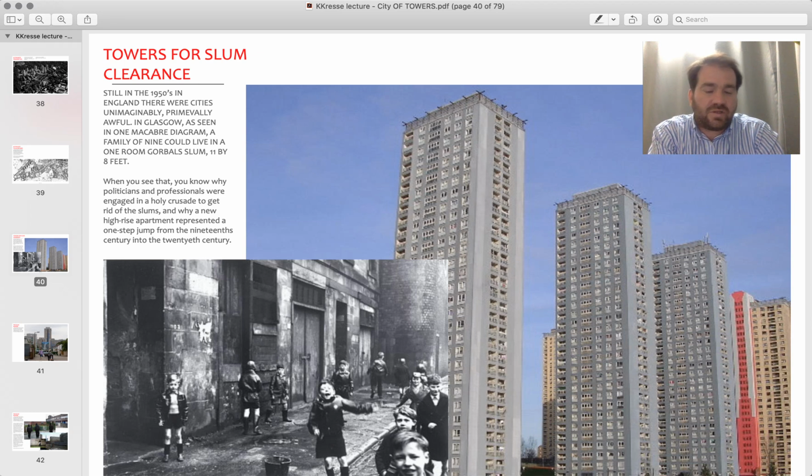And building these high-rises was a way to do away with these slums, if you want. So the strategy was basically to demolish those slums and replace them with these kinds of high-rise towers.